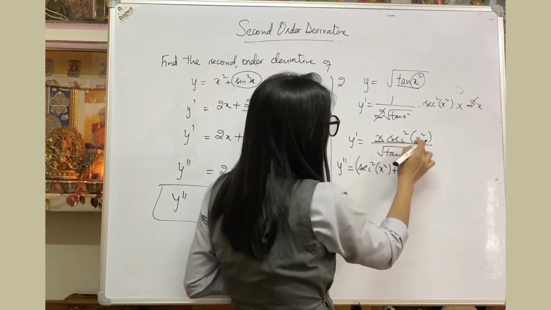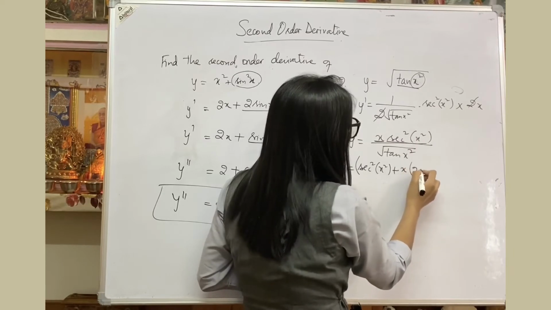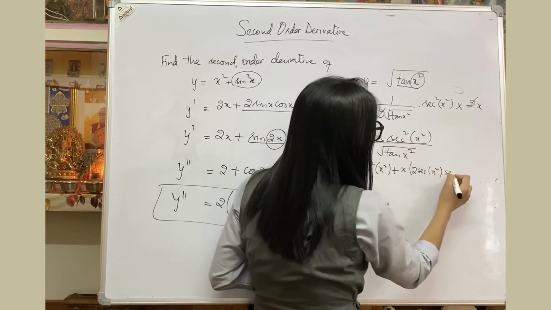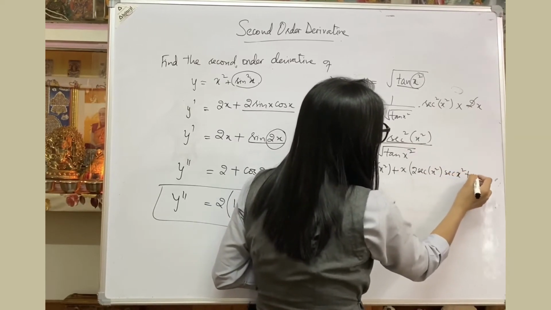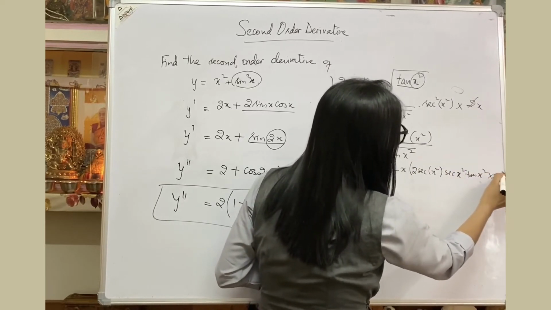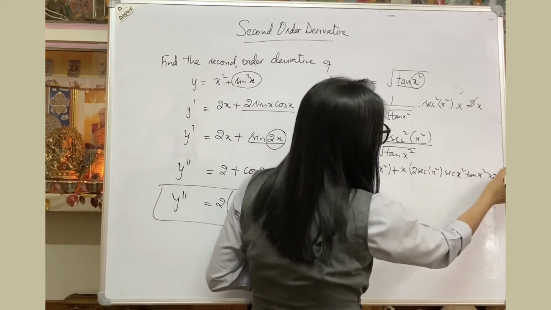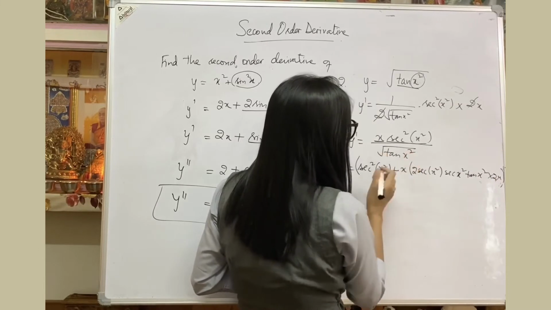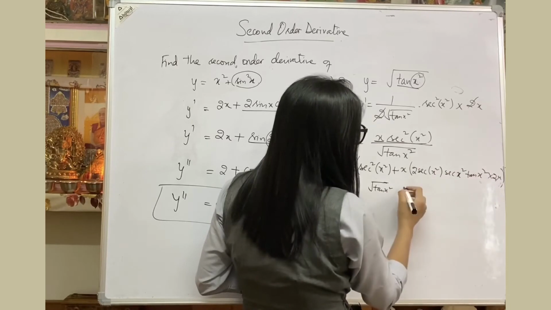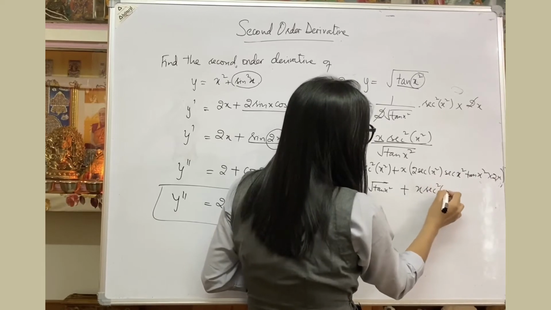Now you have to differentiate this, so the derivative of the first, as a whole, you will differentiate this as 2 sec x square. Then you need to differentiate sec, which is sec x square tan x square, right? Then you need to differentiate x square, that is 2x. That's quite lengthy, so you have to differentiate all the terms. Okay, so you close the bracket. Then denominator as it is, that is root tan x square, plus numerator as it is, x sec square x square.